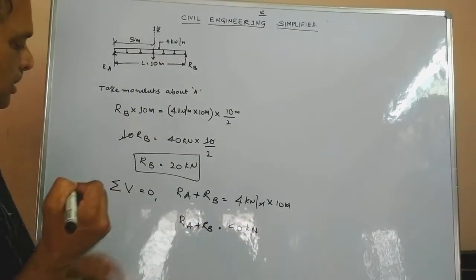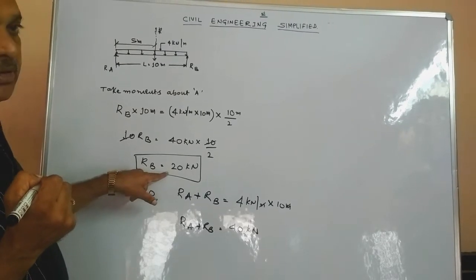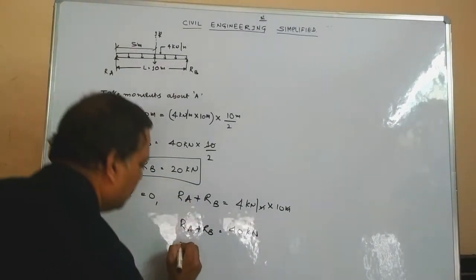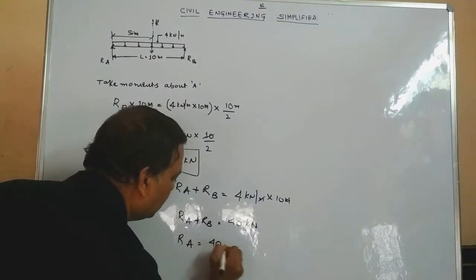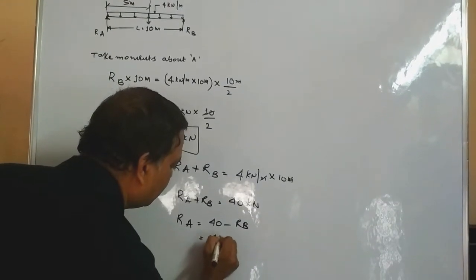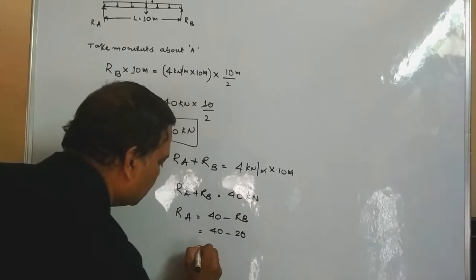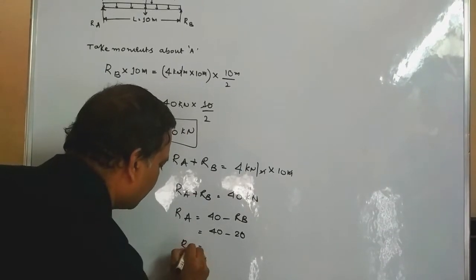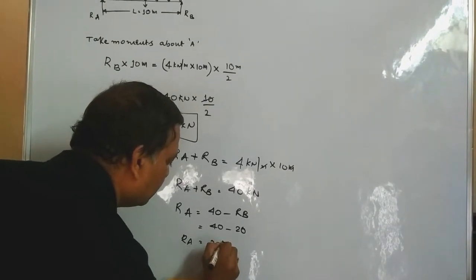So in this case, RA only is the unknown and RB we already calculated, which is equal to 20 kilonewton. Hence, RA is equal to 40 minus RB, which is nothing but 40 minus 20. Both are in kilonewtons. Hence, RA finally would be equal to 20 kilonewton.